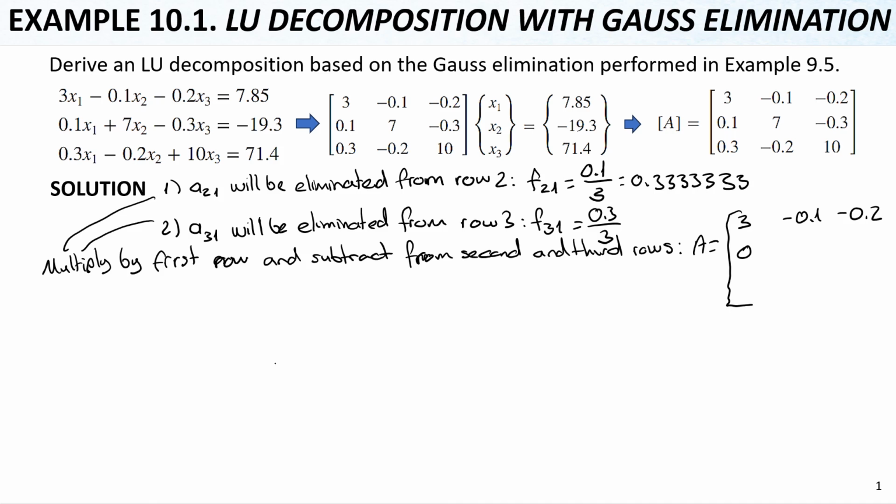Then when we multiply this by this one and subtract from this, basically we will have 7.00333, and also subtract from 0.3 here, then we will have minus 0.29333 and 3. So it didn't fit, but you will understand this.